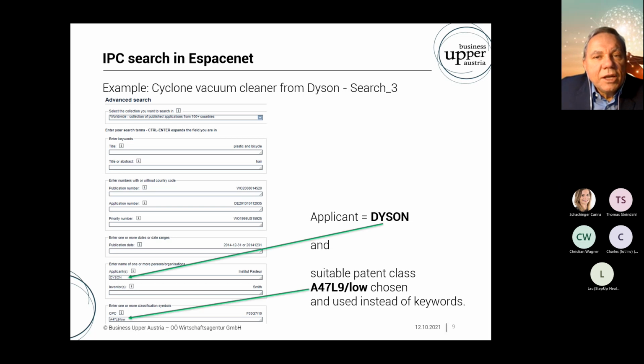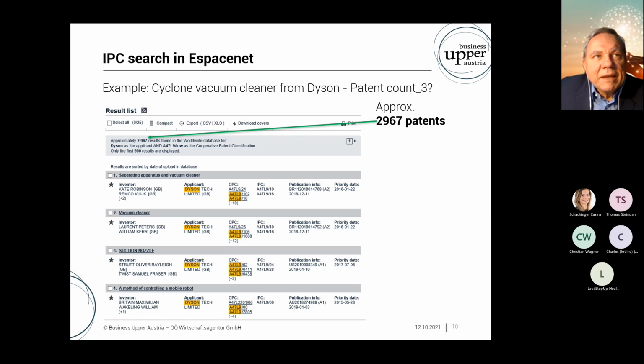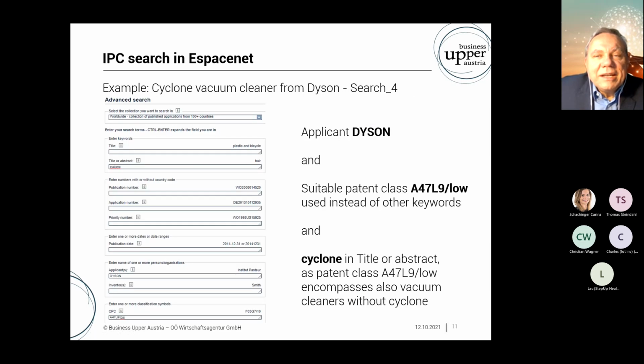So you have Dyson, you have this patent class, and you end up with a bunch of patents. So you see Dyson Tech Limited is one of the patent champions of the world, I would say. And they have really a lot of them. But the question now is, is it really that much?